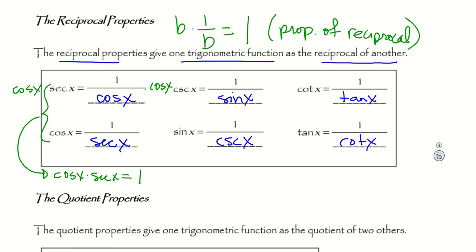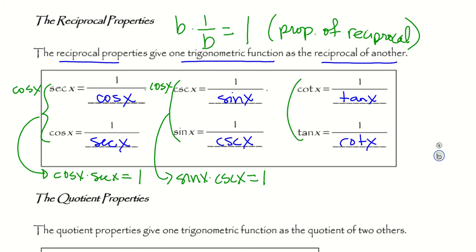Likewise, we could take that the cosecant equals 1 over sine, the sine equals 1 over cosecant, and if we solve here for 1 by multiplying both sides by the sine, we would get that the sine of x times the cosecant of x equals 1.